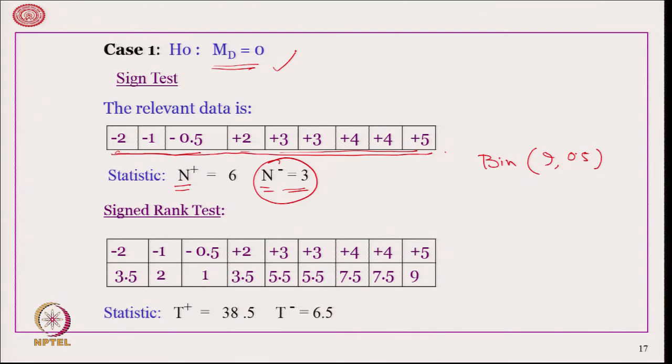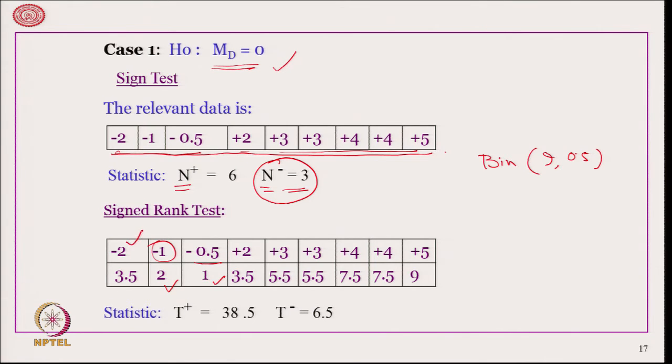When we are going for the signed rank test, then in sorted order, these are the values that we have. Instead of just counting, we are now giving ranks to them. The smallest one in magnitude is 0.5, therefore it gets rank 1. The second smallest in magnitude is 1, therefore it gets the value 2.